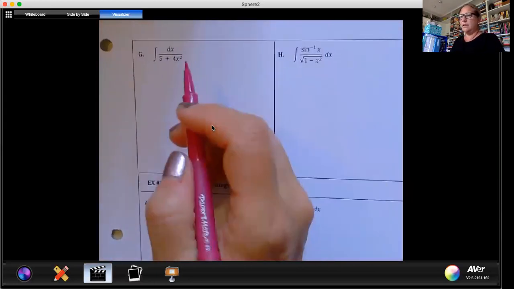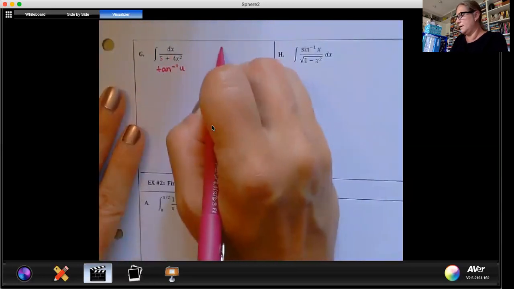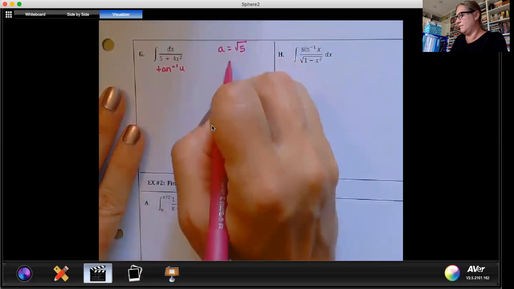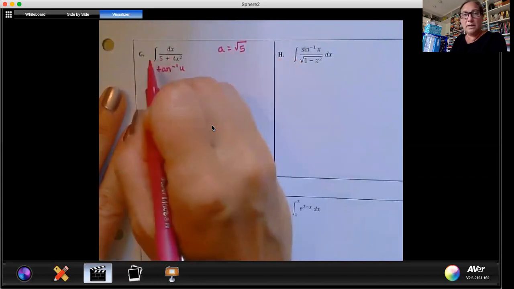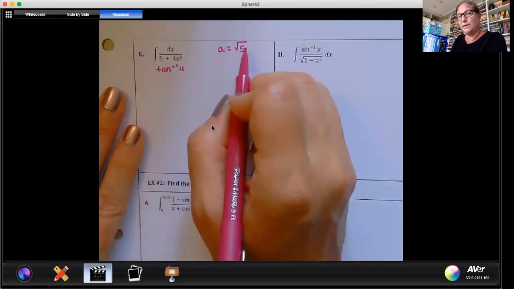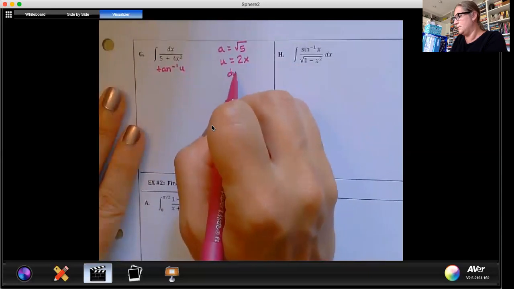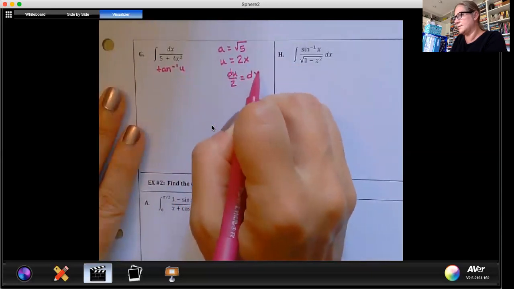Looking at part G, we have another inverse tangent here. a is going to be the square root of 5. Remember, this is squared, so in order to get 5, we have to square the square root of 5. u will be 2x, so du over 2 is dx.